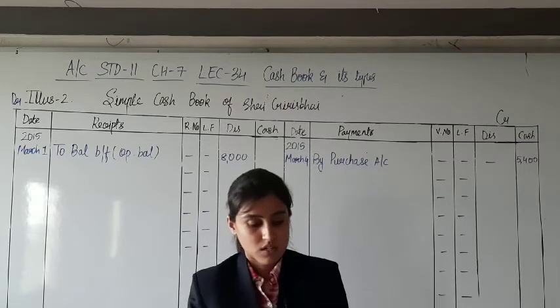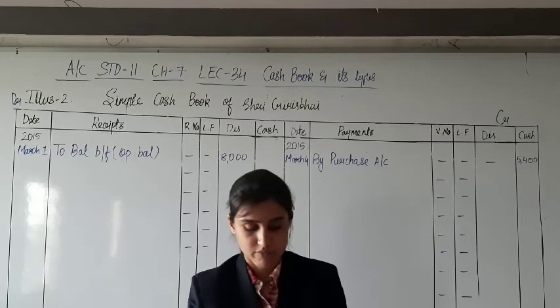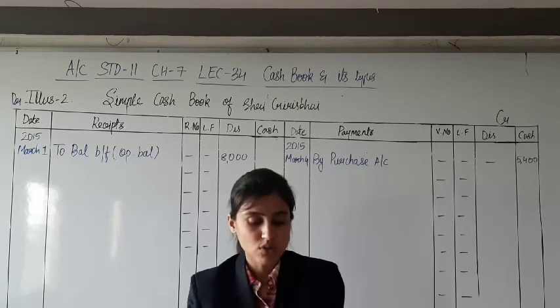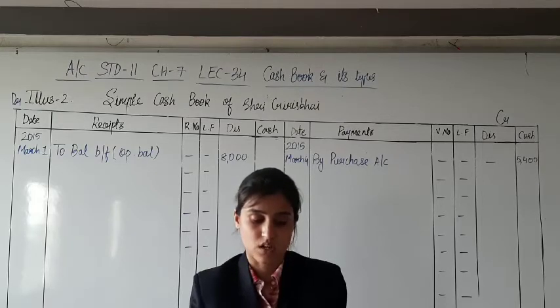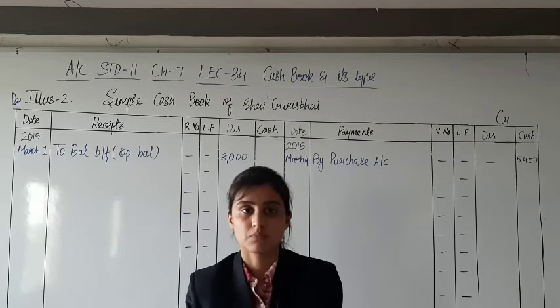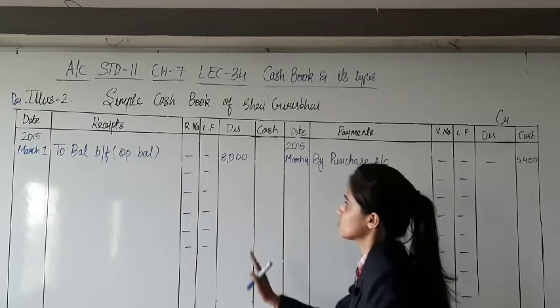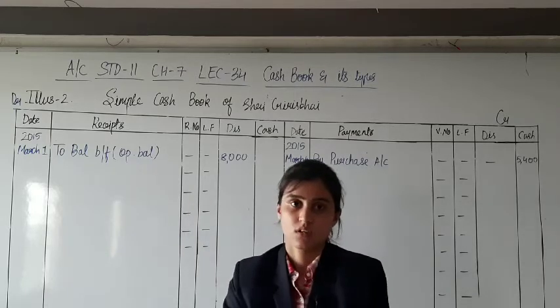Yeah? Turning the page, on 7th of March, goods of rupees 3000 sold to Praveen for cash at 5% cash discount. Goods have been sold to Praveen. So firstly, if you are selling goods, you are going to receive an amount. Yes.